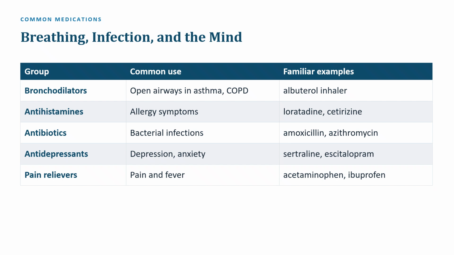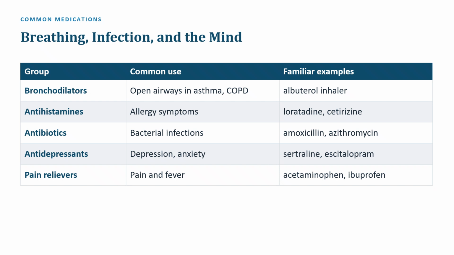For infections, antibiotics treat bacterial illness, and two you will see often are amoxicillin, a penicillin type recognizable by the cillin ending, and azithromycin, frequently prescribed as a short course, also called a Z-Pak. Remember from lecture 4 that antibiotics do not treat viruses and that checking for a penicillin allergy is essential.